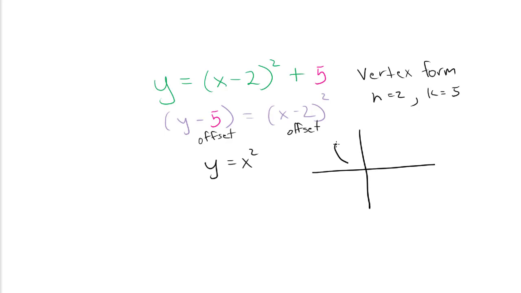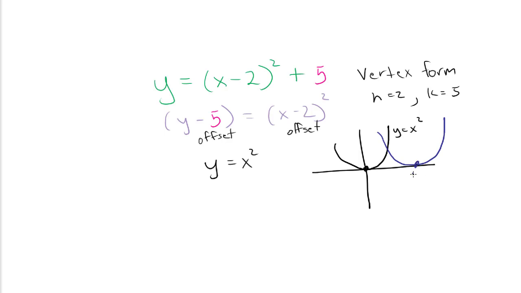Y equals x squared is our basic parabola that goes through the origin, and the k and the h offset adjust this graph. So x minus 2 is an offset 2 to the right. All else equal, this graph would move over 2 to the right for the offset to the x.